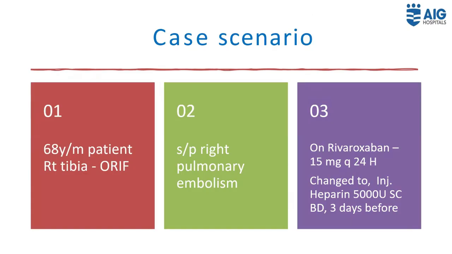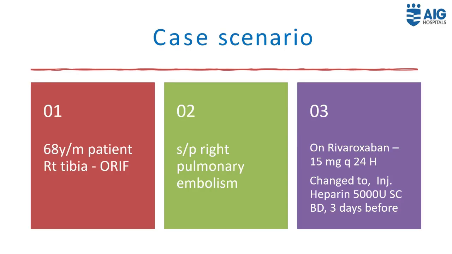Let's begin by discussing a case we recently received at AIG Hospitals. A 68-year-old male is posted for open reduction and internal fixation of the right tibia. He has a recent history of right pulmonary embolism and is currently receiving subcutaneous heparin 5000 units twice daily. This rules out central neuraxial anesthesia due to bleeding risk.